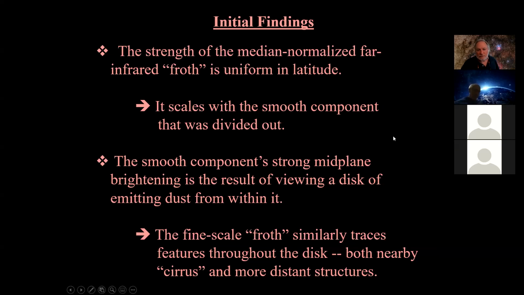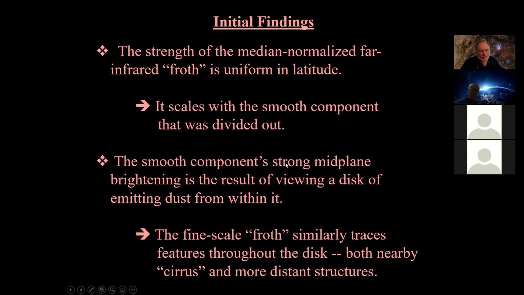That means that it scales with the smooth component that was divided out. Okay, so it's stronger near the midplane, just as the smooth component is stronger. And so when the smooth component gets divided out, it equalizes with the stuff at the higher latitude.